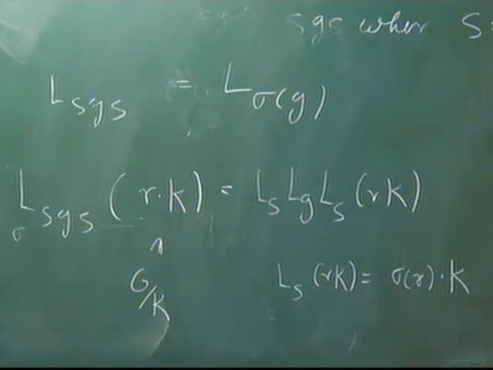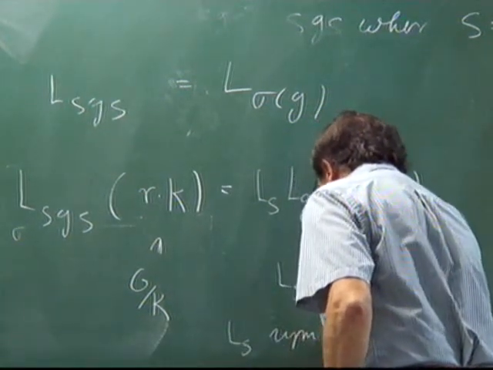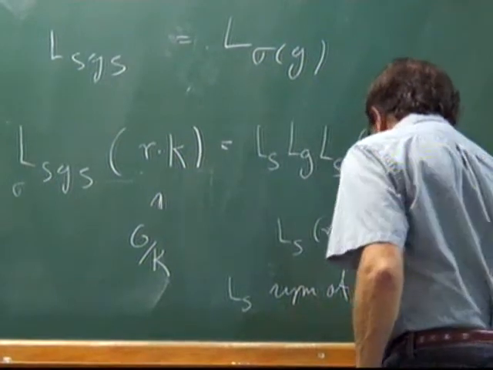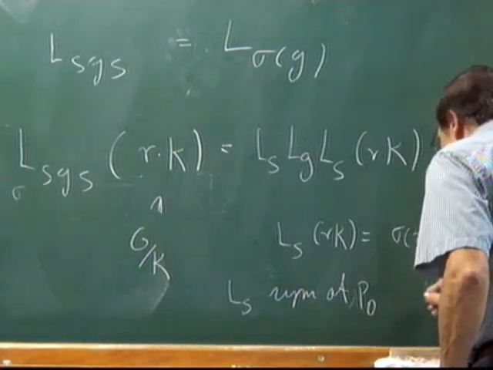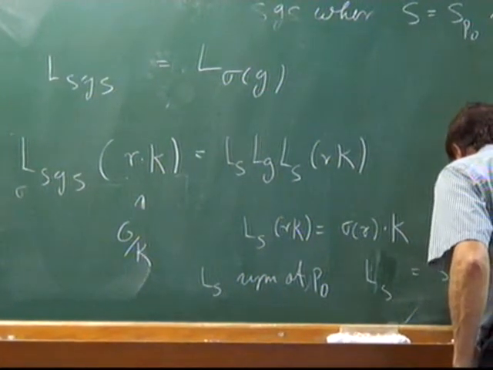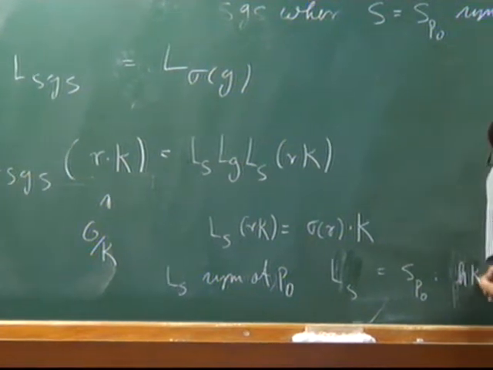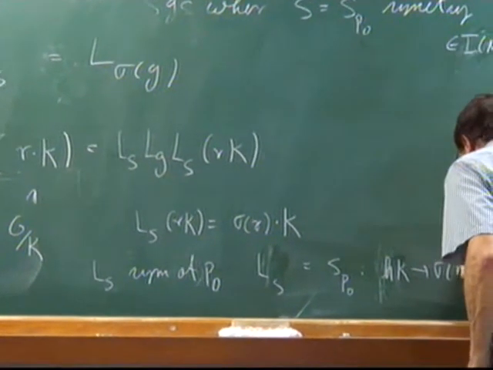Because what's L_s? L_s is a symmetry at the point p naught. So now I have sigma s. L_s is the symmetry at the point p naught. And the symmetry at the point p naught, on the other hand, was given by hK goes to sigma(h)K.